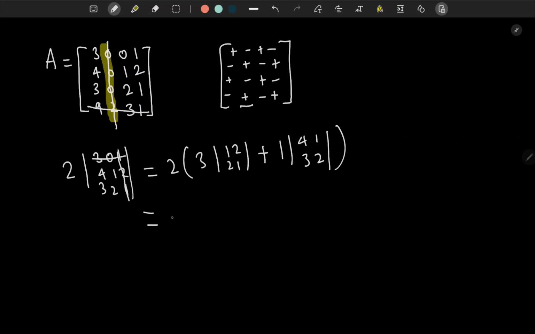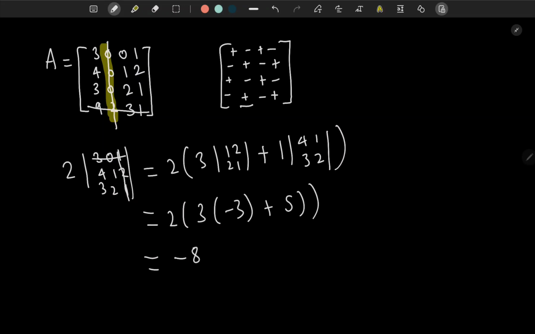So it is equal to 2 into 3 into 1 times 1 times minus 4, which is I think negative 3, and then plus 1 into 4 times 2 minus 3. So 8 minus 3, which is 5, and the final answer here is going to be minus 8.